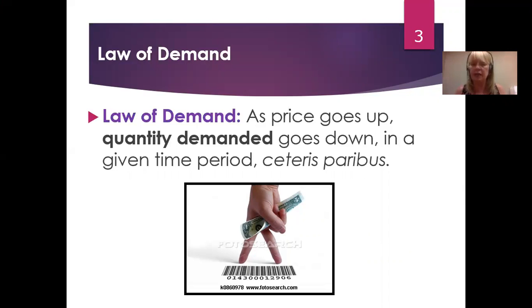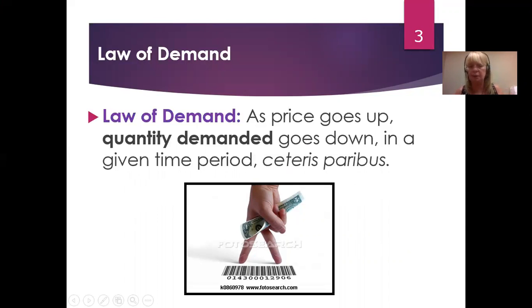Now, the law of demand has 2 other conditions. Price goes up, quantity demanded goes down in a given time period. Over time, things adjust, things change. But in a given time period, as price goes up, quantity demanded goes down. The other piece of this is a little Latin phrase, pronounced ceteris paribus.